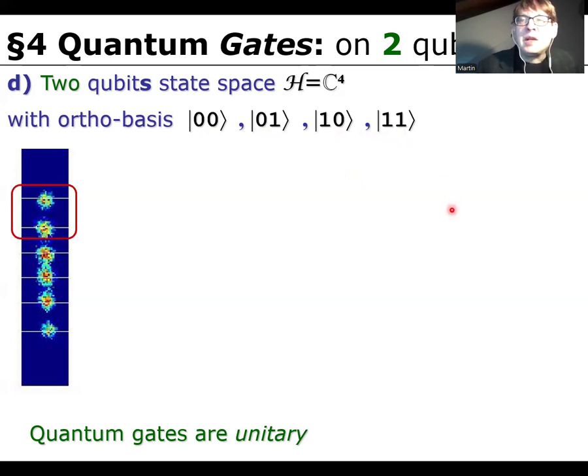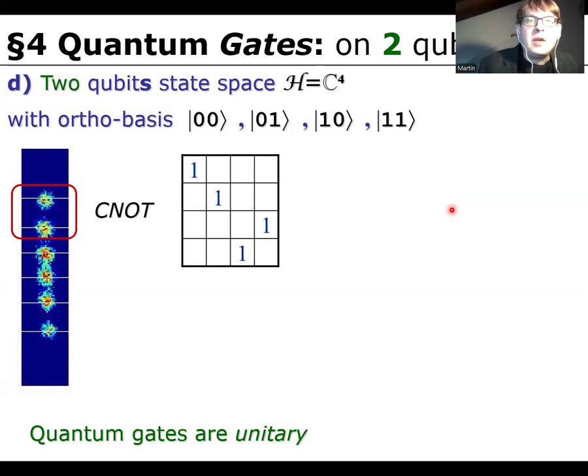The first gate we want to review here is the controlled NOT gate. Remember the NOT gate on 1 qubit. The controlled NOT gate is a gate on 2 qubits, which exercises a NOT inversion on the second bit, provided that the first qubit is 1. In terms of a matrix, this amounts to this matrix, right?